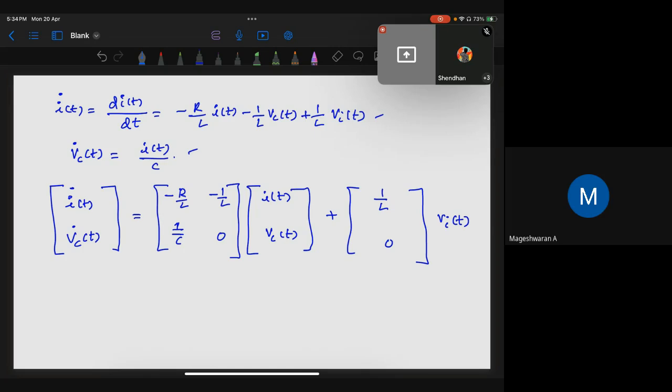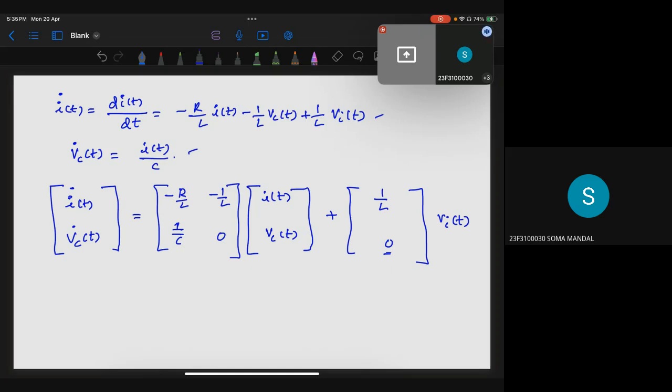Yes, sir. So now you can see how this looks. X dot. Sir, just a minute. For the second equation, you wrote 0 in the second row here. Yes, I understand. Tell me.